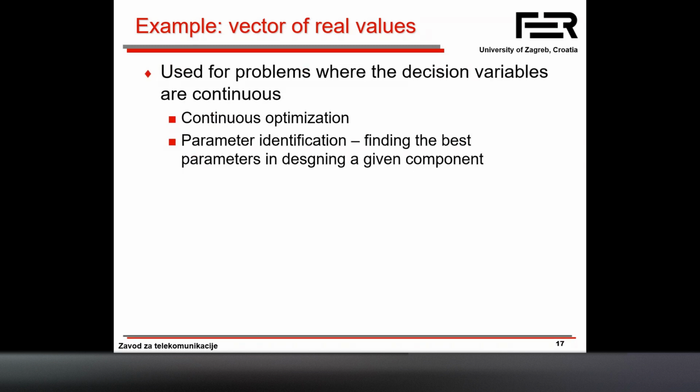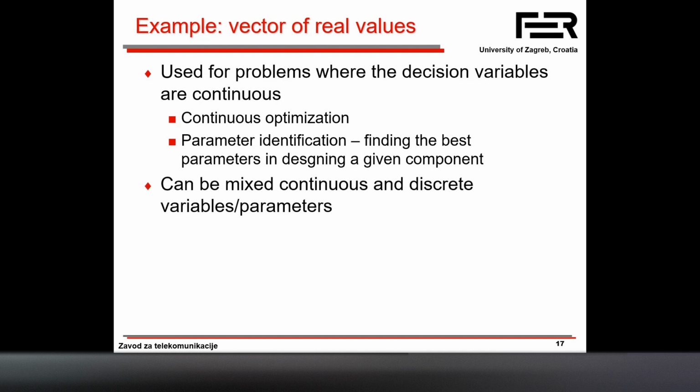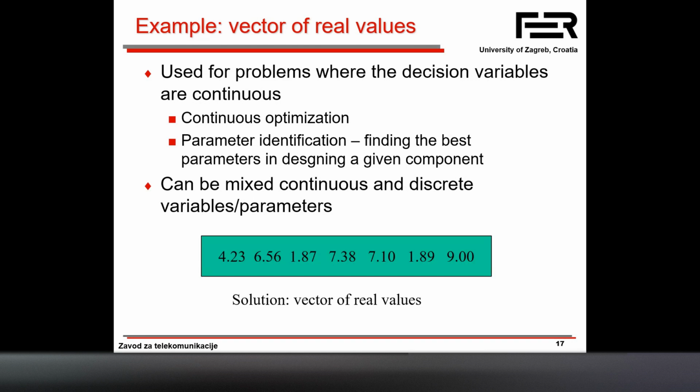Many times in many problems in real life, we actually have to use some kind of real values. So for any type of continuous optimization, let's say trying to find some optimal parameters in designing some kind of components, or for some kind of simulations, then we need continuous optimization. And in that case, we usually represent a solution as a vector of real values.